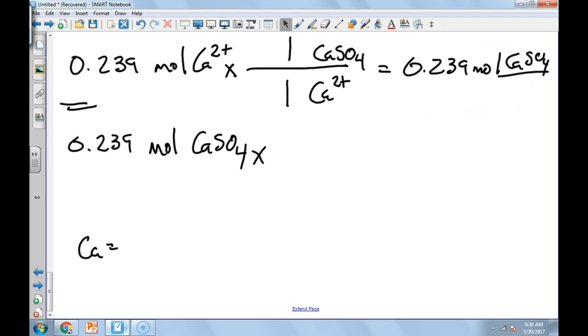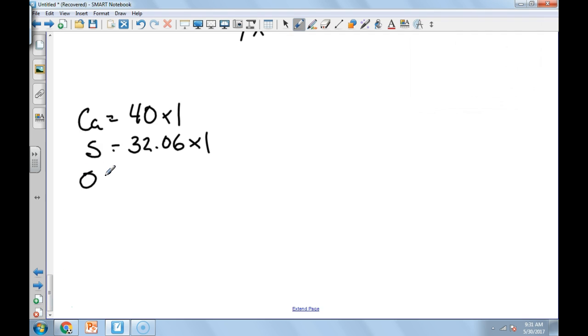Okay, so calcium is 40.08, and there's one of them. Sulfur was 32.06, and there's one of them. And then oxygen is 15.999, and there's 4 of them.